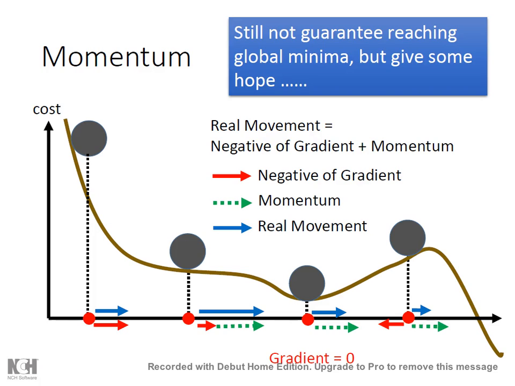Here this is your gradient and this is your momentum. When you then go to here, you can see your momentum is very strong. Although your gradient is very small here because it's becoming flatter, your momentum is strong. Why? Because you just slid down from a very high position, right? So your momentum is very high.